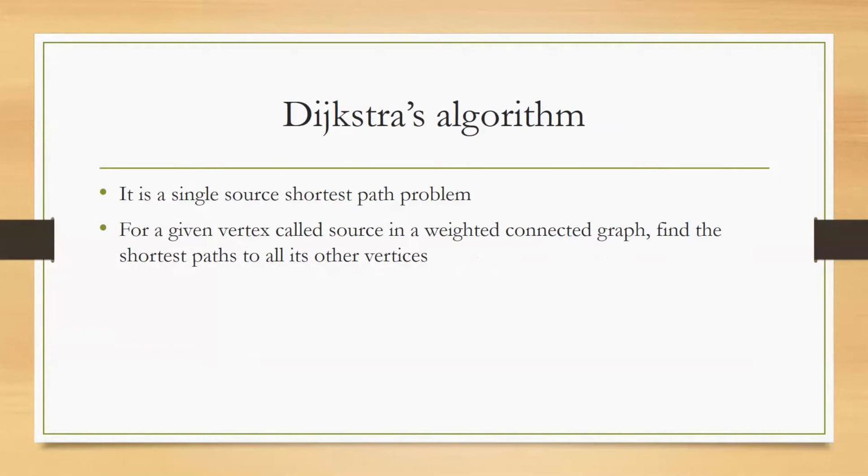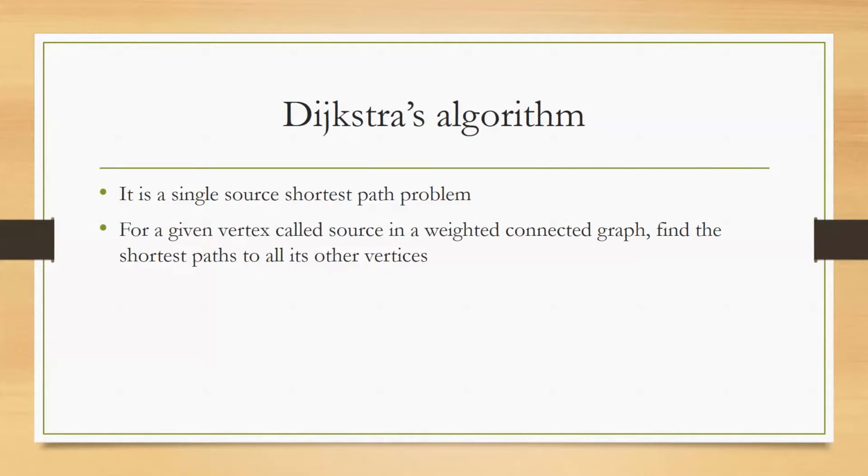For example, if there are four vertices v1, v2, v3, and v4, and if v1 is the source vertex, think that v1 is the source vertex. And now, what the algorithm should do is calculate what is the distance of V2 from V1, what is the distance of V3 from V1, and what is the distance of V4 from V1.